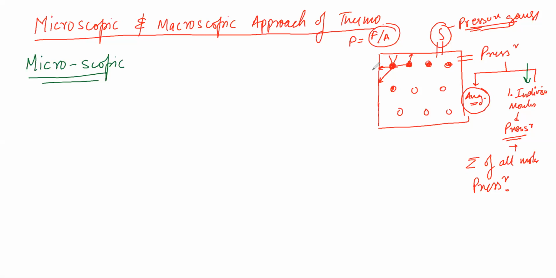Then we are not concerned with what each individual is doing; we are concerned at the moment with the pressure of a particular wall, a particular container. That approach is defined as the macroscopic approach of thermodynamics, right?